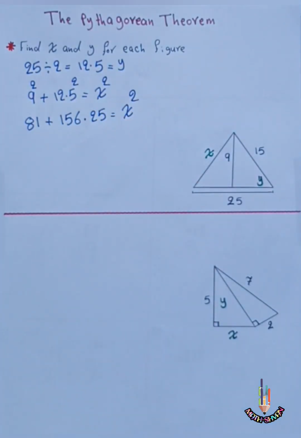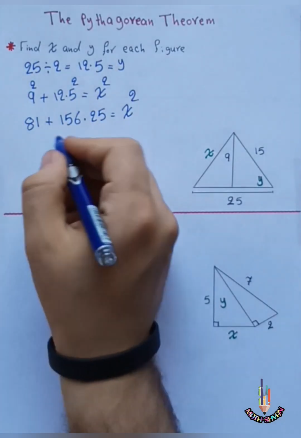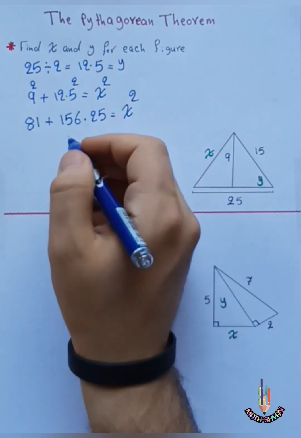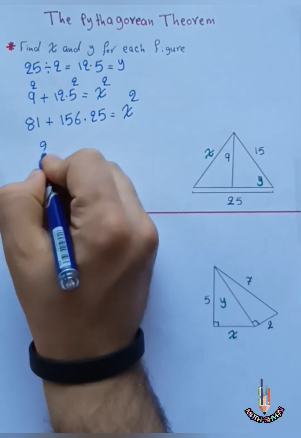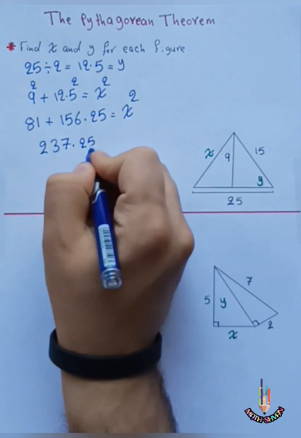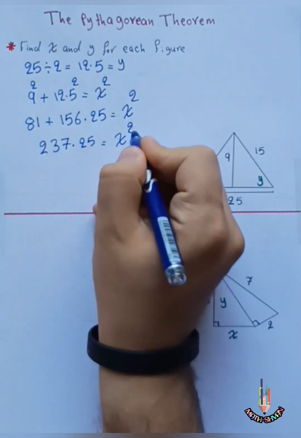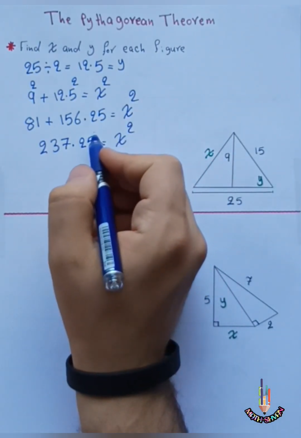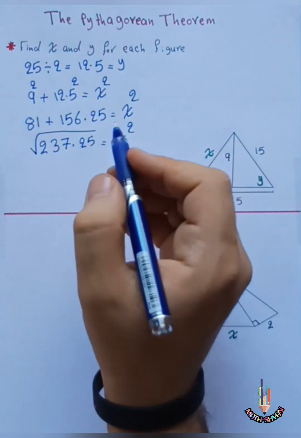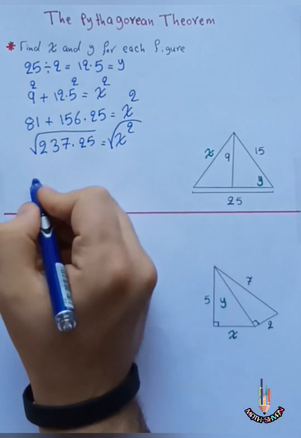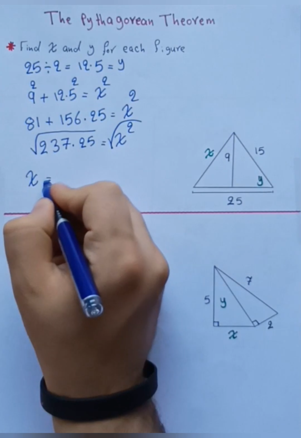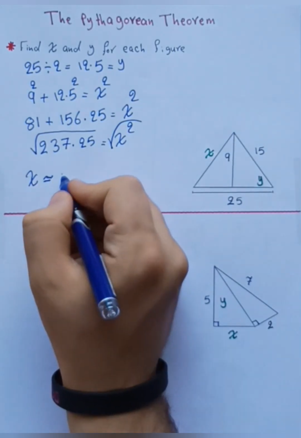After that, we have to add these two numbers, 81 plus 156.25. The answer is 237.25 equals x squared. Now we have to take the square root of both sides for finding the value of x. So the value of x is approximately equal to 15.